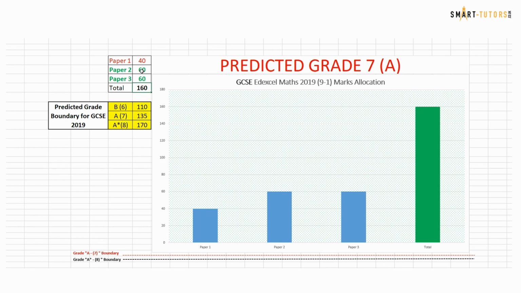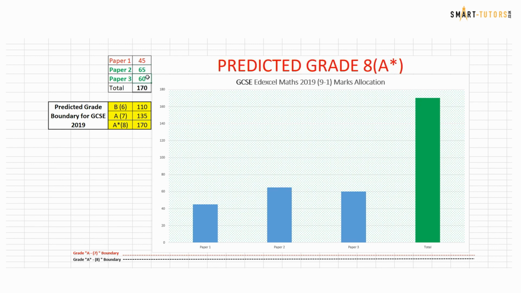So in order to get 8, for those who are aiming to get A star level 8, you have to remember, in case you have some silly mistakes in paper 1, assuming that you are going to get 45 out of 80 marks on the first paper, you got to do paper 2 65 and minimum 65 and a 60 to get an A star position.